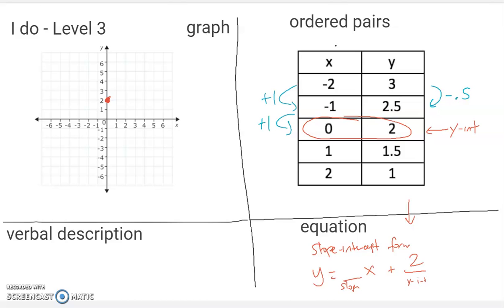Every time, x goes up by 1, y goes down by a half. So that's my slope. Negative. You can do negative 0.5, or you can do negative 1/2 x plus 2 also.